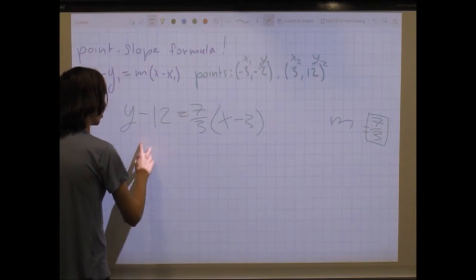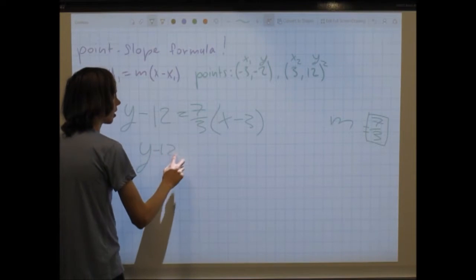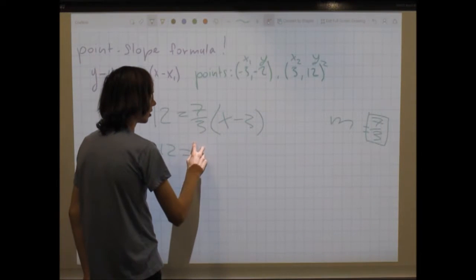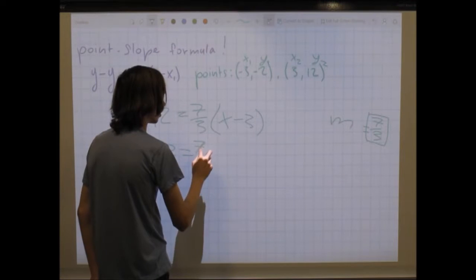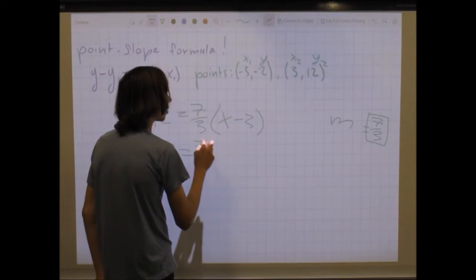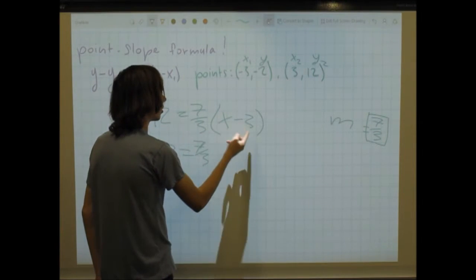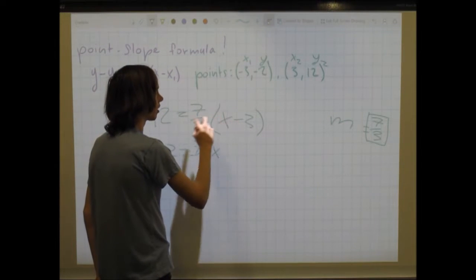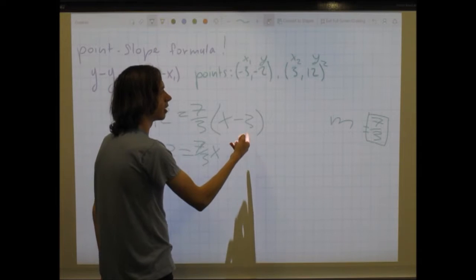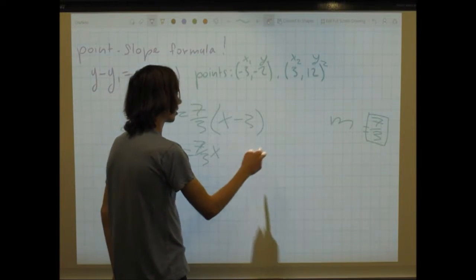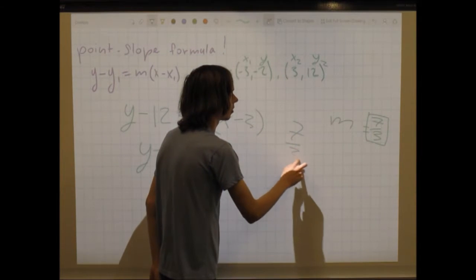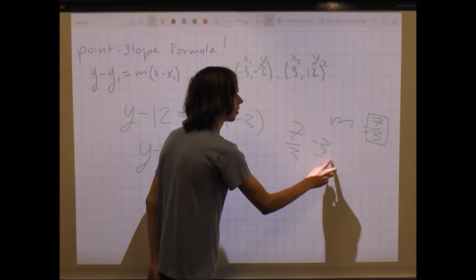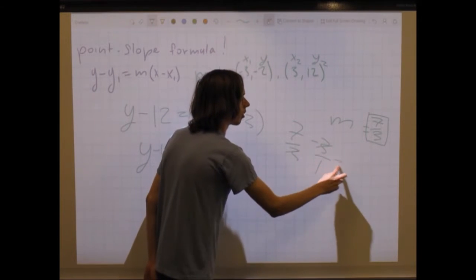Okay, so let's go down to this step. We'll distribute this, so 7/3 times x is just 7/3 x, and 7/3 times -3 is going to be just like last time, except we have a negative here. These cancel, and so our answer is -7.